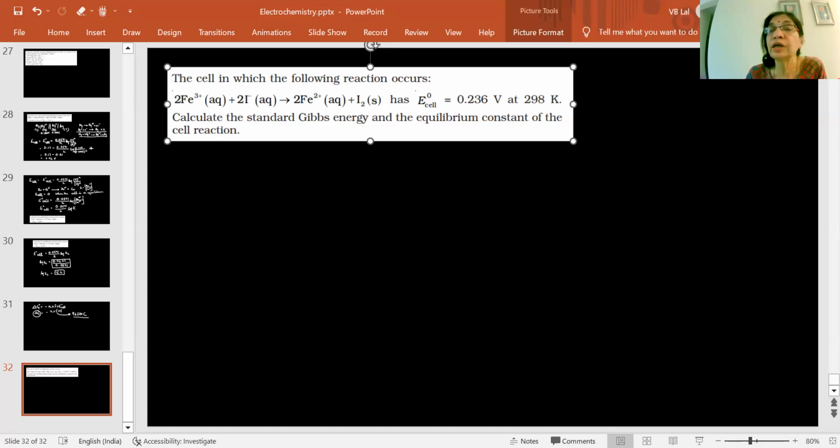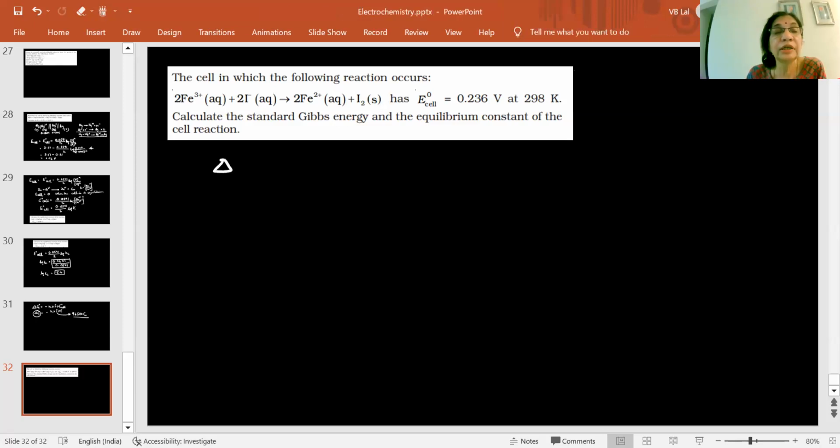Gibbs energy you can calculate easily. Delta G is equal to minus N into F into E. Since we are using standard values, we are calculating delta G 0. So that is equal to minus, how many electrons are changing now? You must calculate how many electrons.